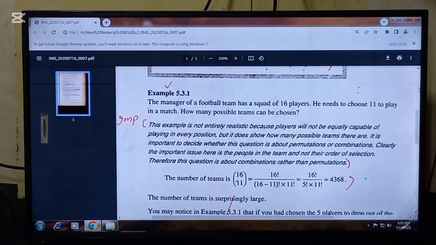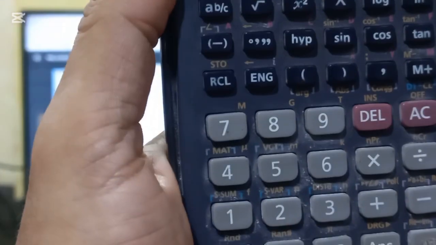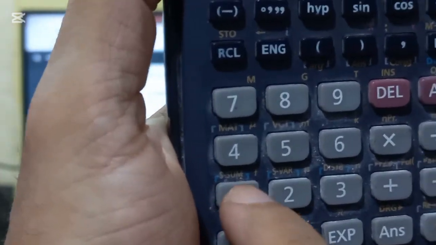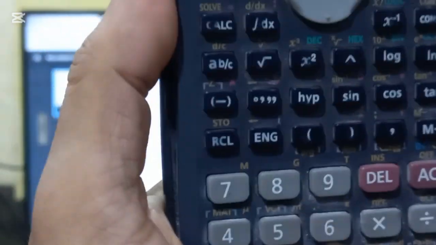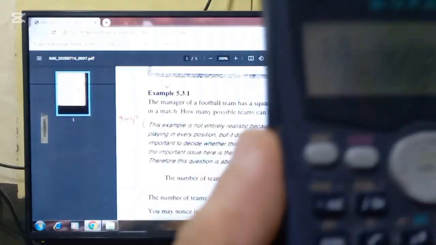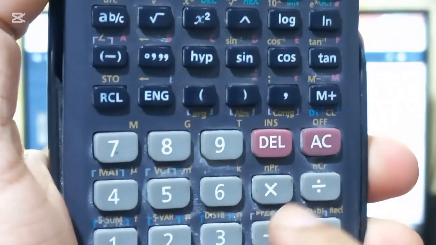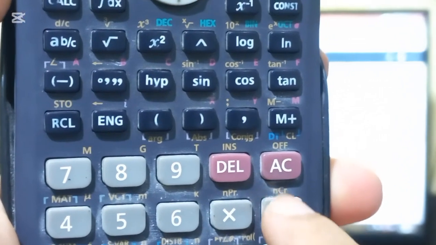So 16C11. First you will press 16. So look at the screen, 16 is written. Then C, that is combination, is required. So you will press the shift button. Then at the division button you can see that there is nCr written.